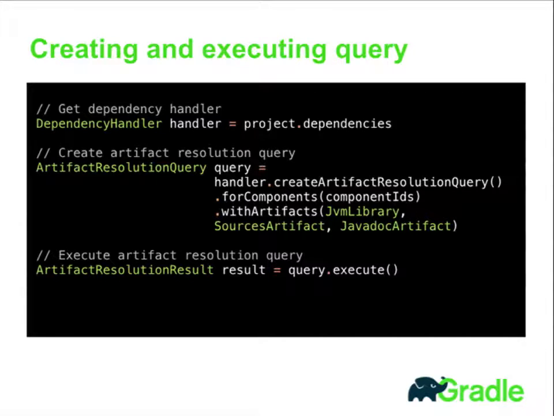There's an equivalent for the native space as well. So in this case, that would be a native library. And you might know that sources artifacts and Javadoc artifacts are usually fairly specific to publishing in the Java world. So in this case, we say for this JVM library with these component IDs, please give me these artifacts that you can resolve.